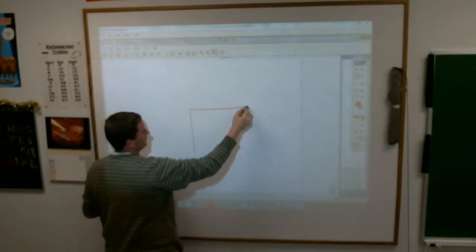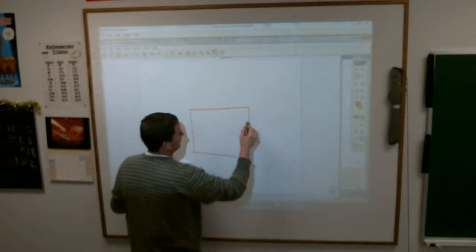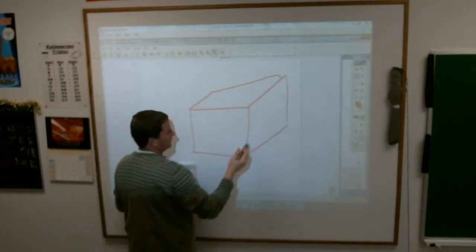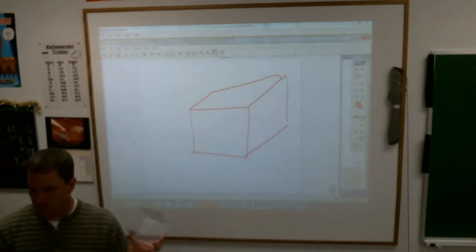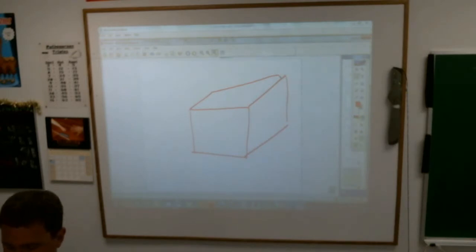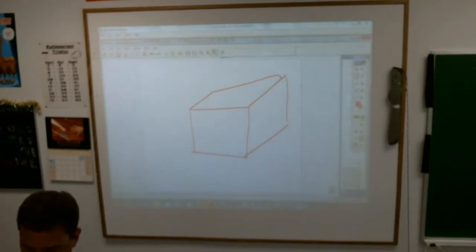Now let me just clue you in on this one. This plastic container here, if I do this just right, I can fit 10 right there.